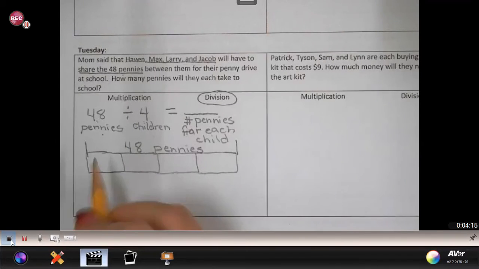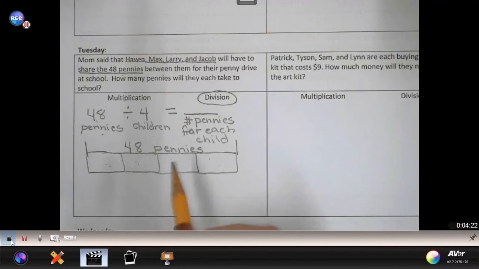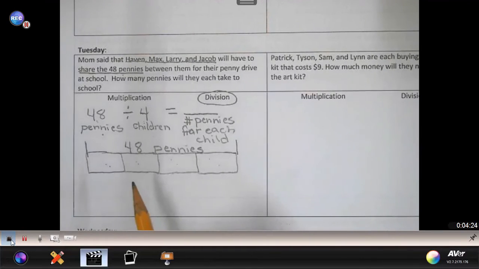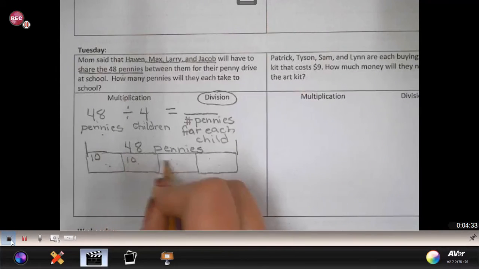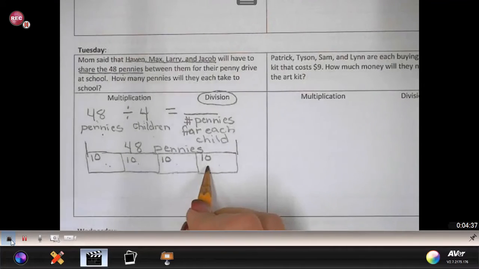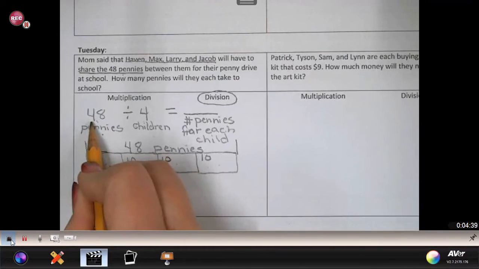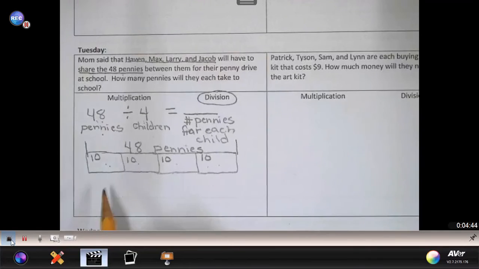Okay? So let's just say, for example, if I don't want to put a penny in each one of these, let's think of something that might make it easier for me to break this up. Well, I know I could at least put 10 pennies in each. And the reason I know that is because 10 plus 10 plus 10 plus 10 is 40. So I've already shared 40 of these pennies by putting 10 in each group.